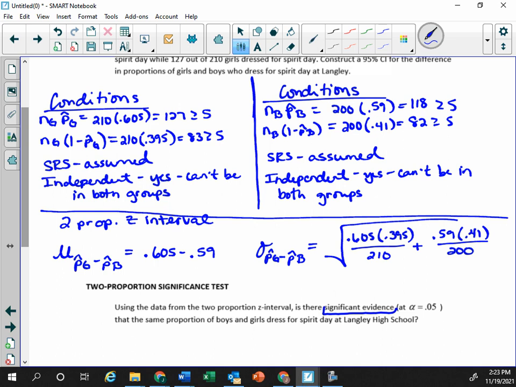You could certainly do that by hand the way we did for the last one, but I don't think you actually want to. So let's get out your calculator. I'll open mine up here.